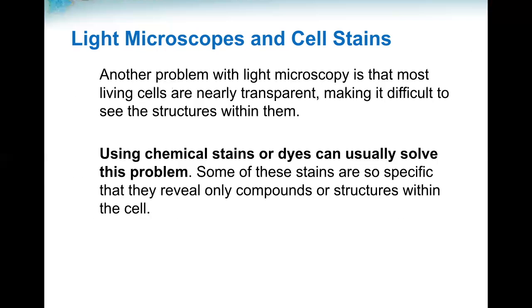Another problem with light microscopy is that most living cells are nearly transparent, making it difficult to see the structures within them. Using chemical stains or dyes can usually solve this problem. Some of these stains are so specific that they reveal only specific compounds or structures within the cell.